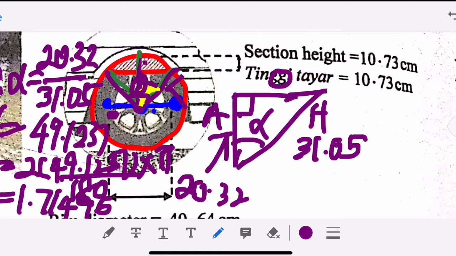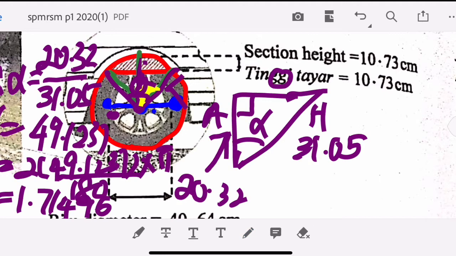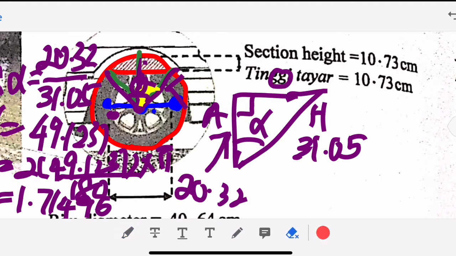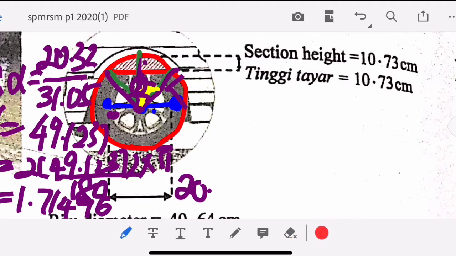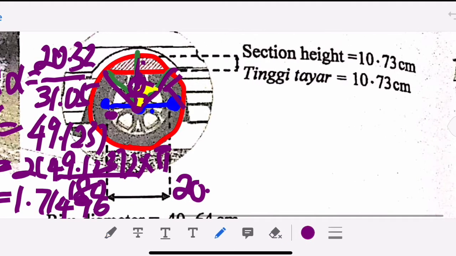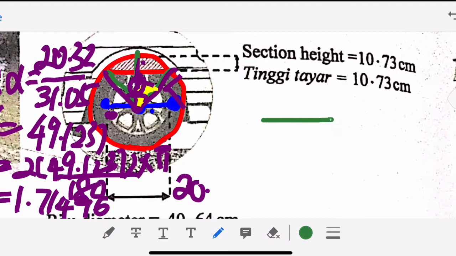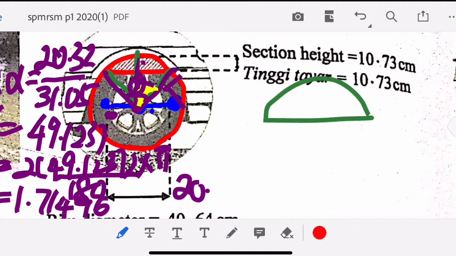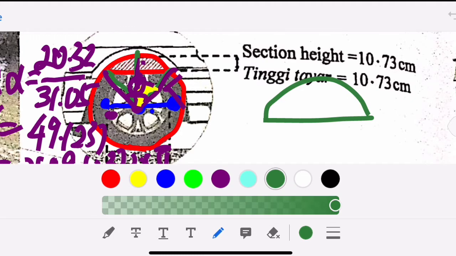Now we need to find the perimeter. So let me sketch out the diagram. We have the segment that we need to find the perimeter of. So I'm going to find the arc length first.